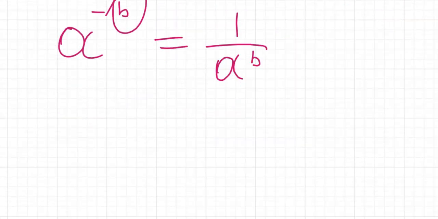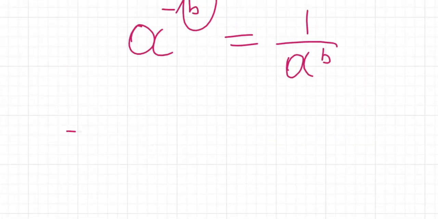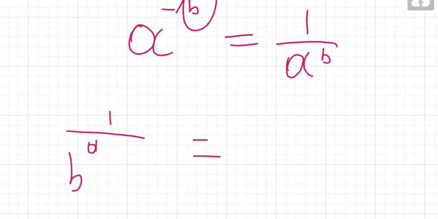So if we had b, to write this in exponent form, what we actually have is b raised to negative a. So whenever you have a negative exponent, it will give us a fraction. The exponent will be a new exponent on the base number, and the base number will become the denominator of a fraction, and you just put 1 over it.